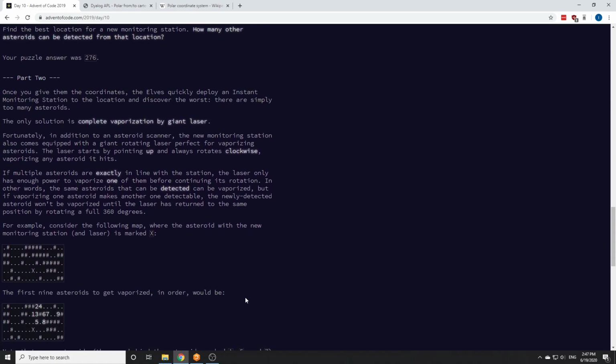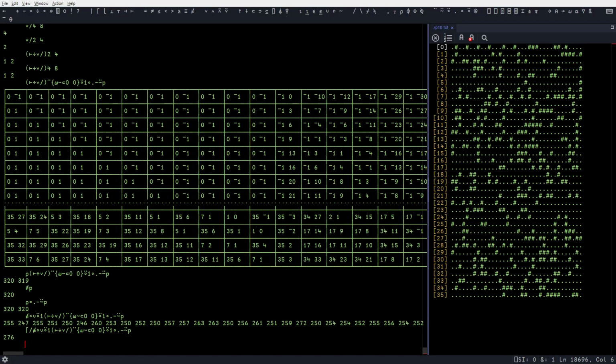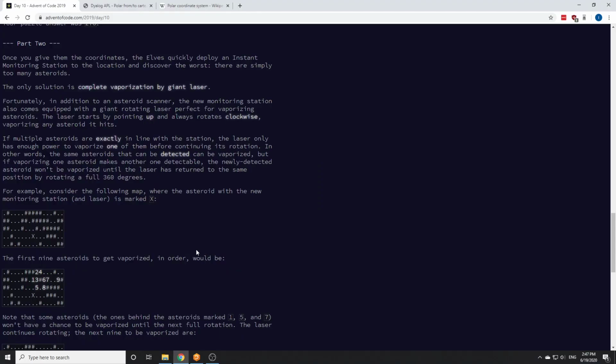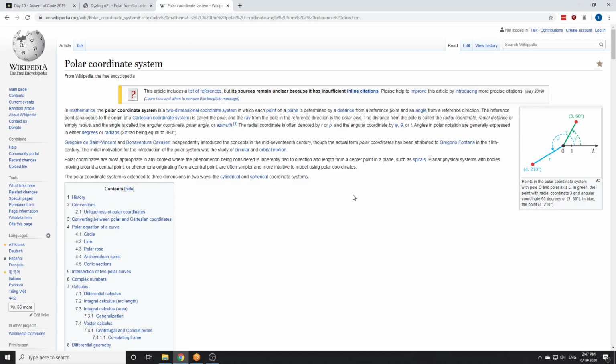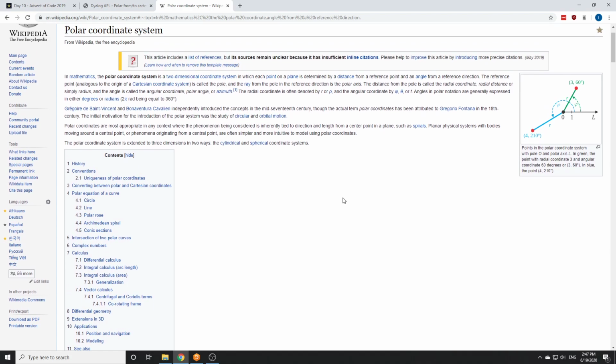So when I first read this problem, I thought about it a bit, but then I eventually decided that translating our relative coordinates to polar coordinates would be a good start. So if you don't know what polar coordinates are, I just have the Wikipedia article here.